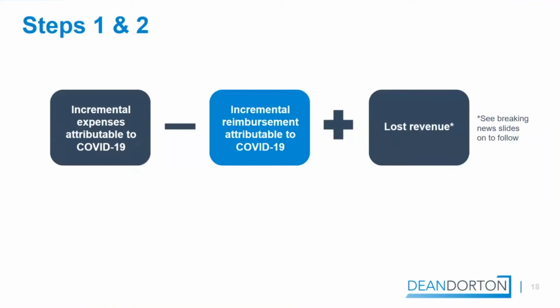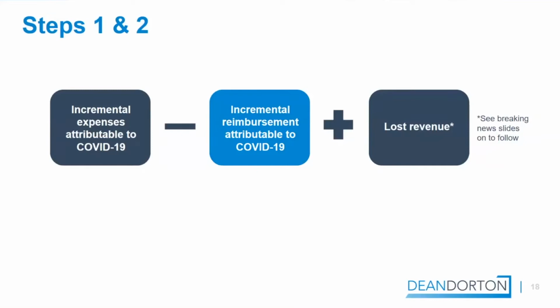So how are we allowed to use provider relief funds? There's only two ways you could use the money. If you can't use it for those two reasons, you have to send it back to HHS. The first way is to spend it on expenses incurred to respond to, prepare for, and prevent the spread of COVID-19.